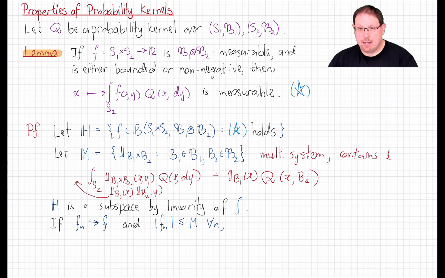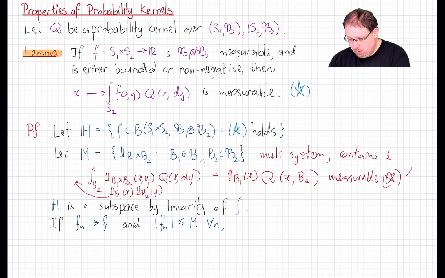Well, by definition, this is a measurable function of x, and this is, of course, a measurable function of x because B1 is a measurable set, and therefore this is measurable, which is exactly to say that star holds for the functions in M. That is, M is contained in H.